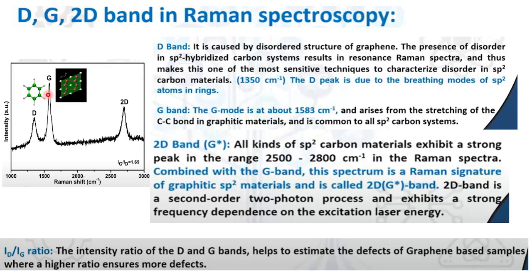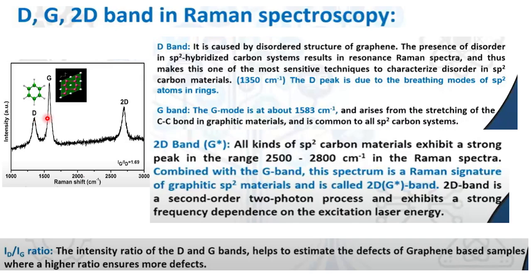And G band is usually observed at 1583. So whenever you are testing graphene or 2D type of material where carbons are sp2 hybridized, you will usually get two peaks. One is around 1350, that is corresponding to D band. Another is around 1500 centimeter inverse, that is corresponding to G band.